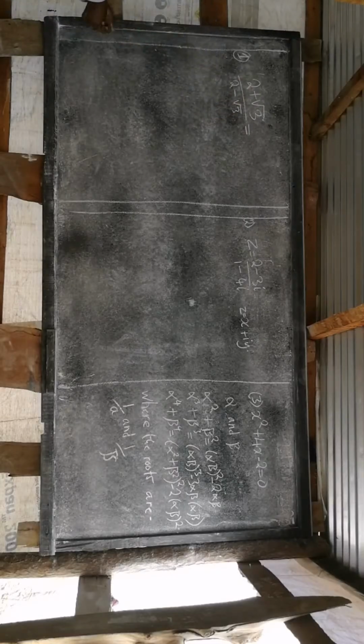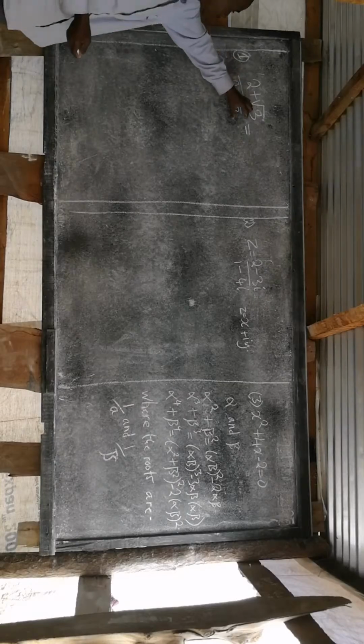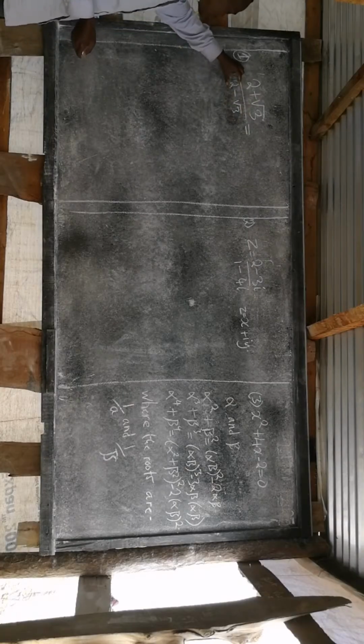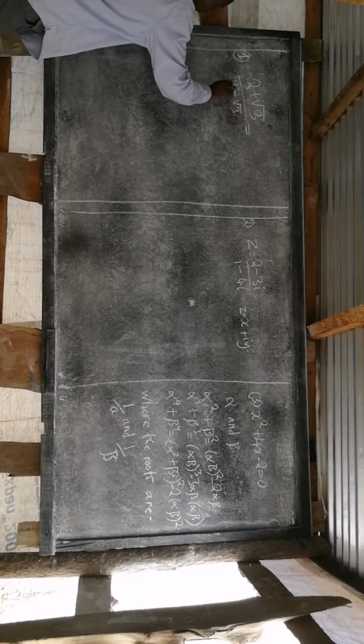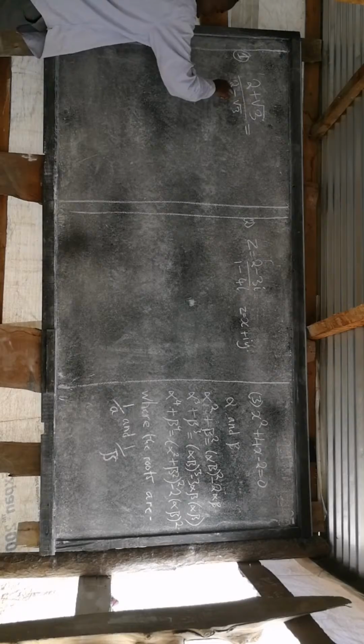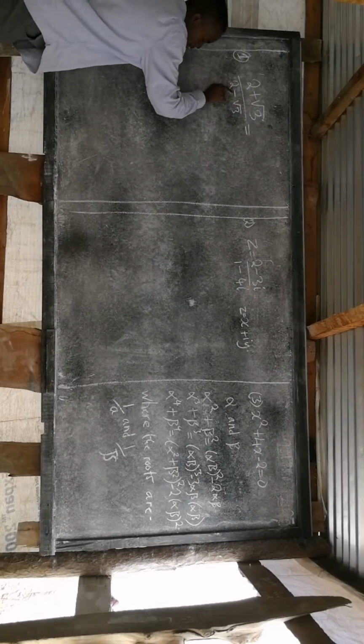The first thing you need to do is make the conjugate of this. And how can you make the conjugate? You just need to do this: if it's minus, you change it to plus.